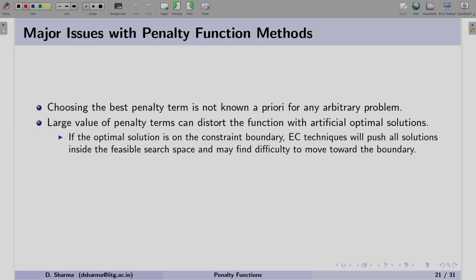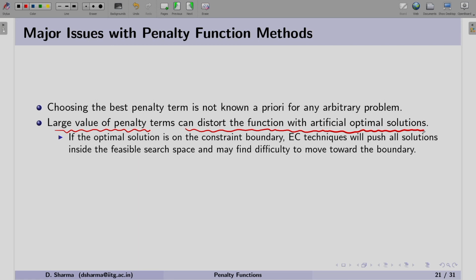The second issue is the value. If we take a large value of the penalty term, that can distort the function with an artificial optimum solution. We discussed this case earlier. When we take a large value of r, it distorts the contour of the penalty function method.